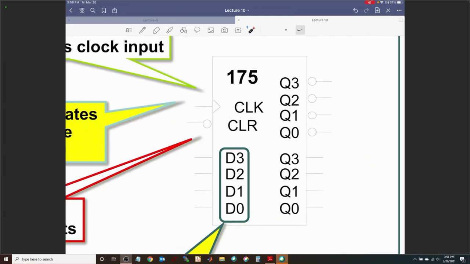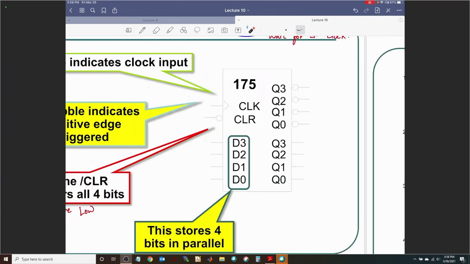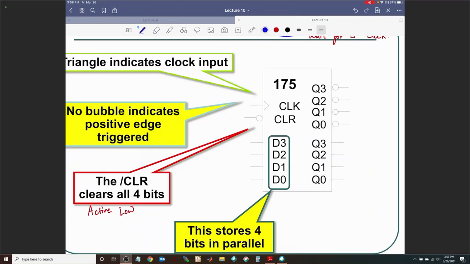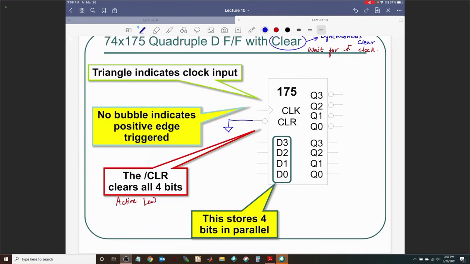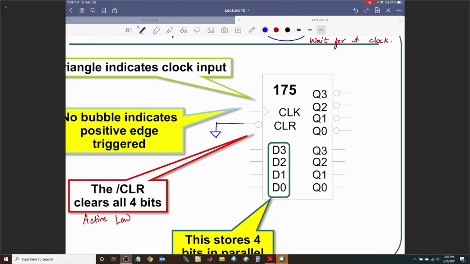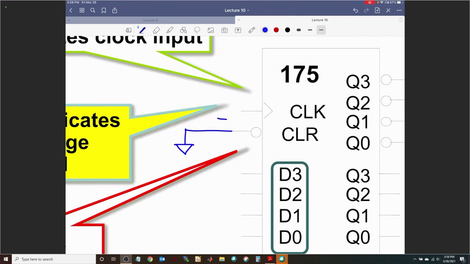Let's see, send 0 to clear. Which means what? Let us connect this to ground. If I connect this to ground, is it done? Will the outputs become zeros? Yes. I also need to wait for the next positive edge on the clock. So I've connected the clear input to low and I've waited for the next positive edge of the clock.